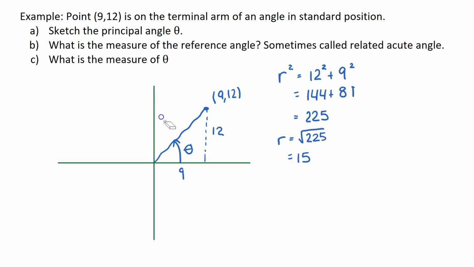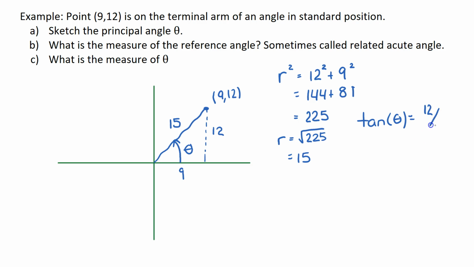Now we don't really need this in this situation, but nonetheless we can calculate it. So if we want to find the measure of the reference angle, or the related acute angle, we're just going to use our primary trig ratios. So I could do tan, because it gave me 12 and 9, so I can say tan of theta is equal to opposite over adjacent, which is 12 over 9.